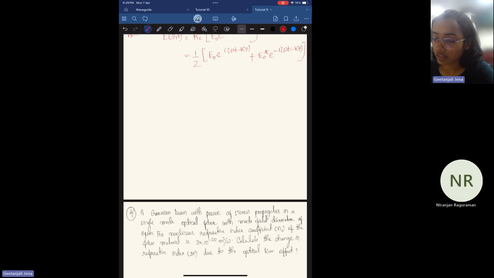Now we just take the third power of this electric field and find out what the components are. So E cubed will be 1/8 times (E0 e to the power i(omega t minus kz) plus E0 star e to the power minus i(omega t minus kz)) whole cube.